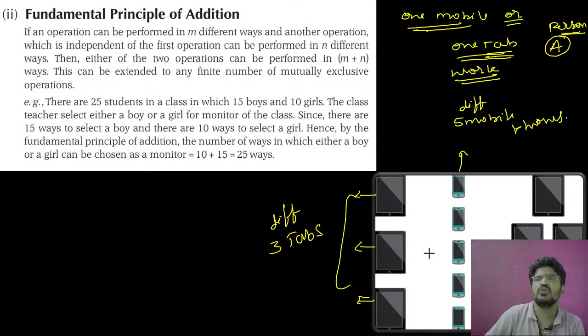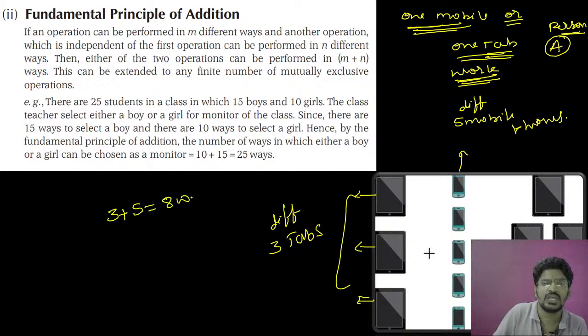Now I want to give one mobile or one tab to person A. In how many ways can I give? Can you tell me? So see here, 3 tabs means 3 ways, 5 mobiles means 5 ways, so in total I have 8 ways.